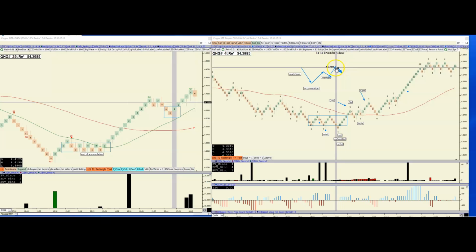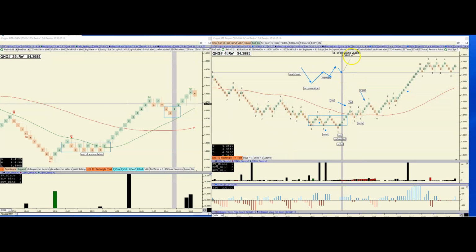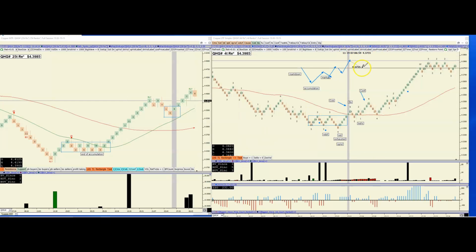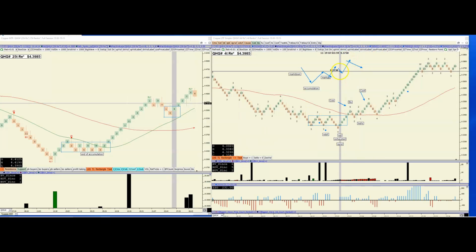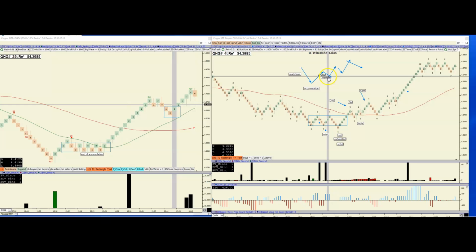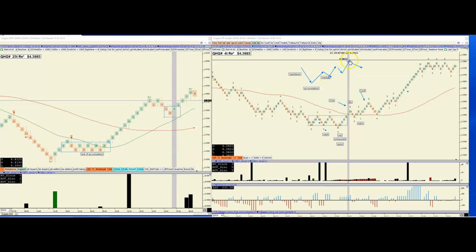At these lows and highs, the market accumulates and distributes, and accumulates and distributes. At each one of these pivots, at each one of these turning points, on the low you have accumulation, on the high you have distribution, on the low you have accumulation, on the high you have distribution. This is what's going on.